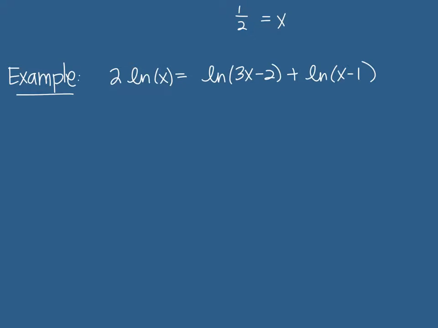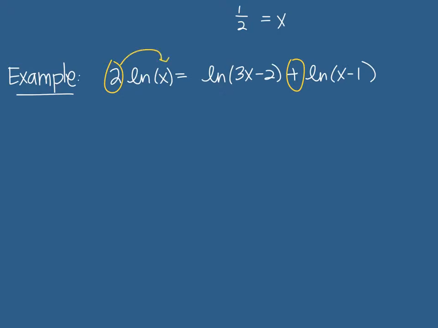So I have a couple properties that I am looking at here. One is the property of addition, and one is the property of a coefficient. We learned two properties yesterday that are going to help me. Let's start with the coefficient part. That 2, where did it come from? It came from the x.